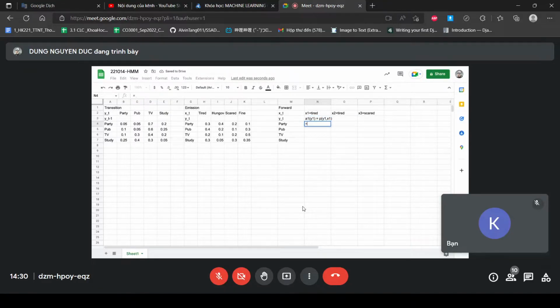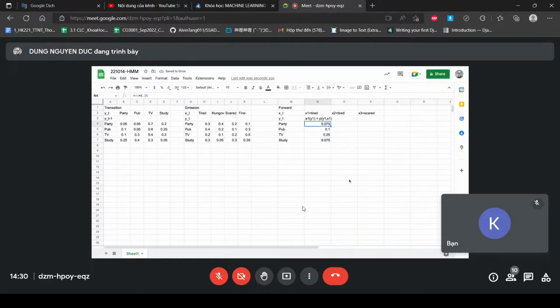It will be equal to the probability of observing tired given the state party, multiplied with the prior, the probability of party. Because you have no information about that, just assume they are equal, 0.05. Okay, so there we go. You can have the first state.